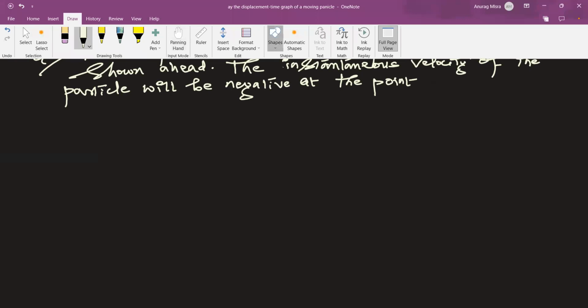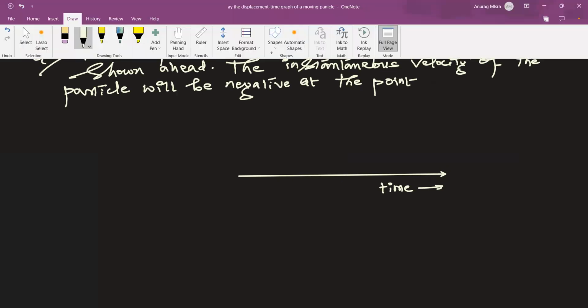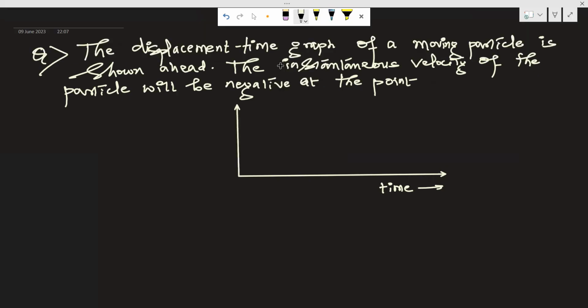Let us try to draw it. So here on the x-axis we are plotting the time, on the y-axis we are plotting displacement, and the graph is something like this.